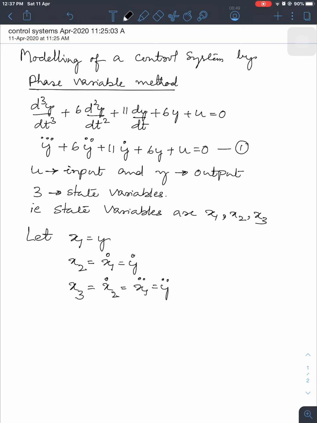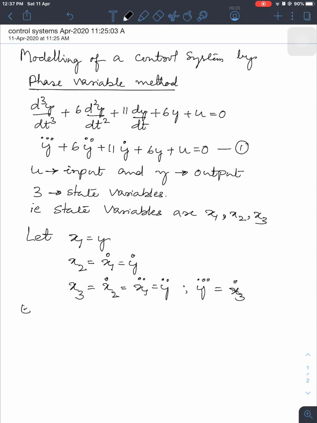Now y triple dot can be seen as x3 dot. Substituting the values of y dot, y double dot in equation 1, we will get the following equation.